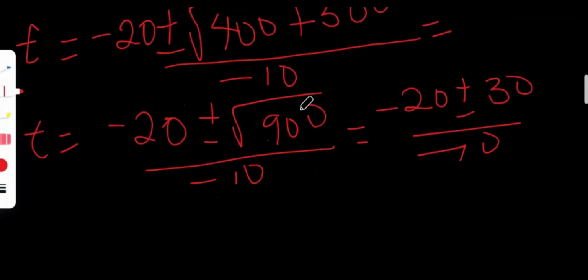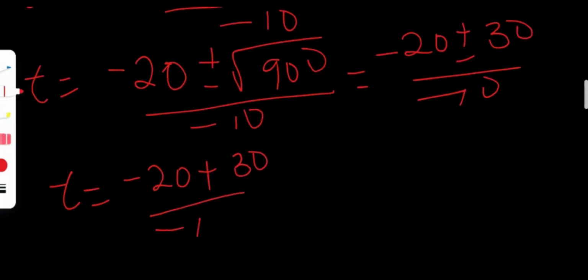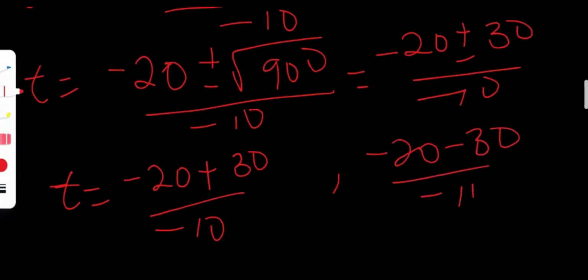By the time we calculate this, we bring them out in pairs. So t would be -20 plus 30 over minus 10, and also t can be -20 minus 30 over minus 10.